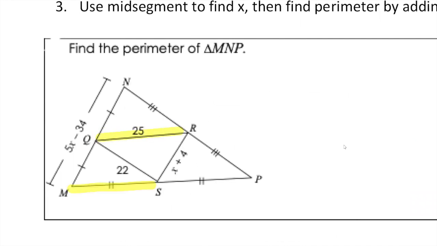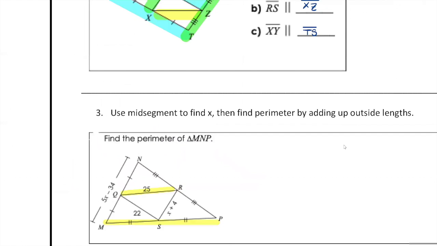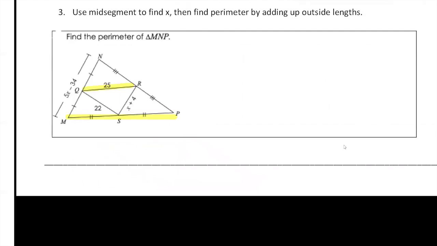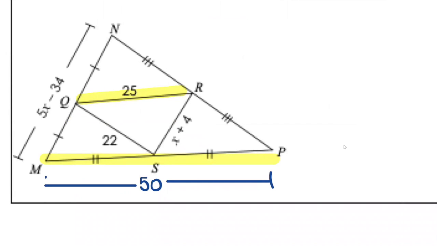we know that the midsegment is what in relation to its third side? It's half, good. So if our midsegment is 25, our full length is 50. And the same thing, we've got another whole number.